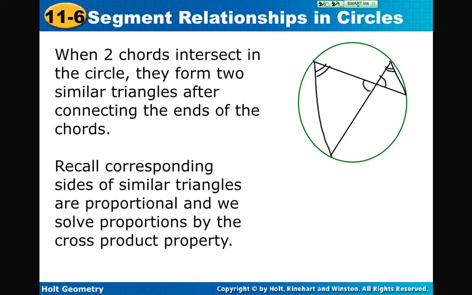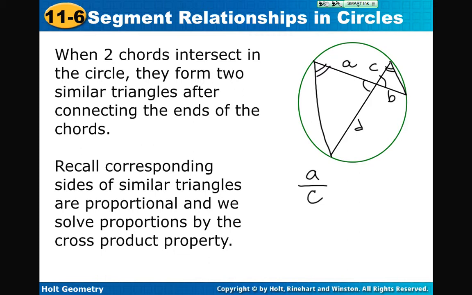Side lengths, when they're similar triangles, the sides were in proportion, so I can make some ratios. Let me label a little bit. A, B, C, D. I really don't need those other two sides. So the length of A would be in ratio with C. I'm picking up the same two angles to make sure I match up the sides correctly.